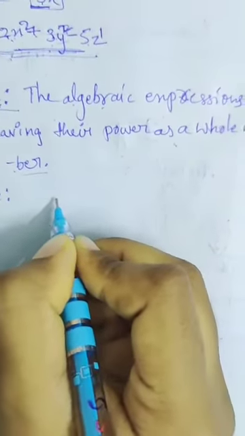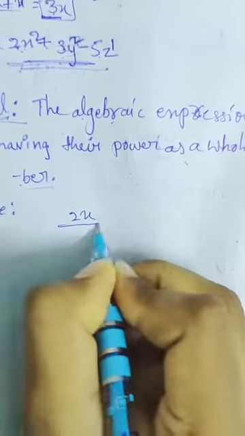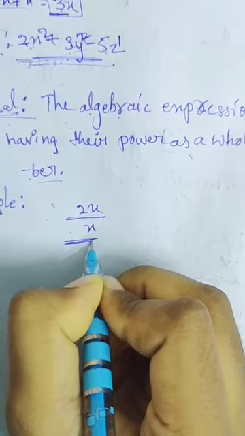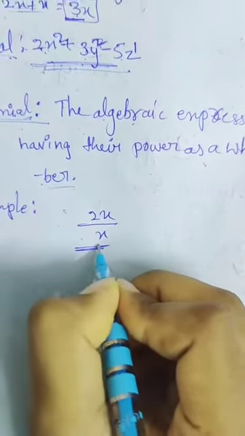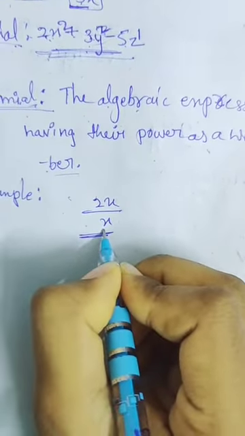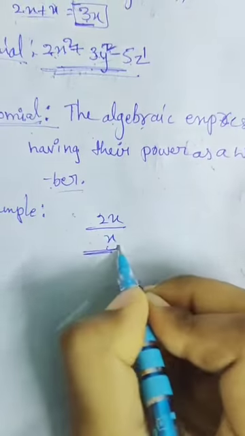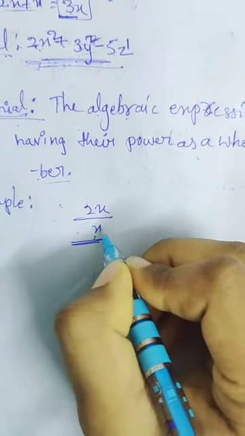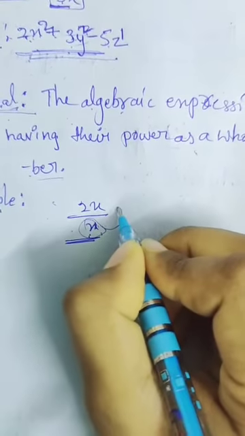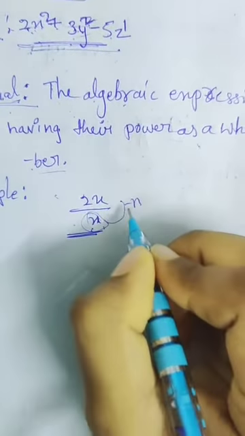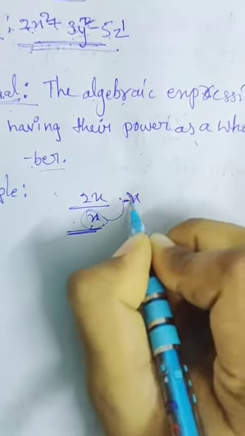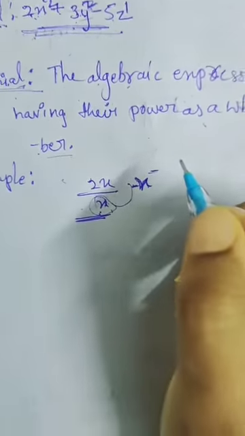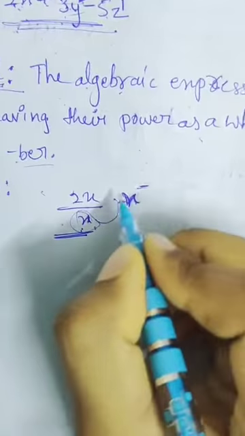Because now if I write 2x by x squared, most will think that this is also a polynomial, but this is not a polynomial, it's an algebraic expression. Here if we take the x to the numerator, it becomes x to the power minus. Here minus will not come under whole numbers, so it will be wrong.